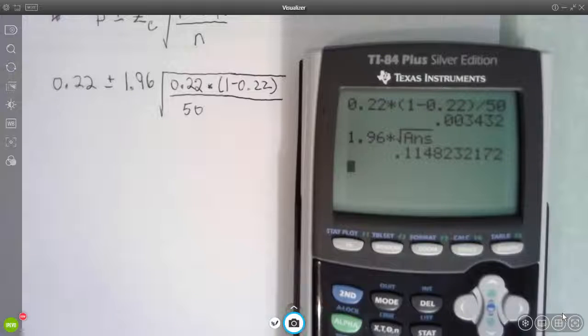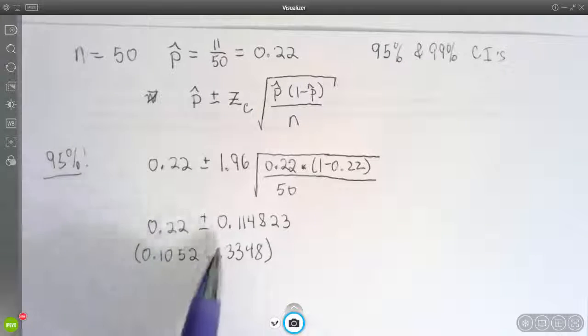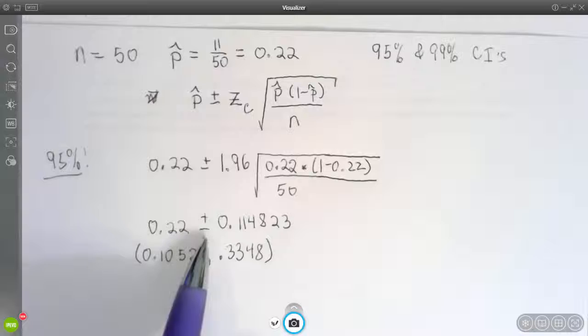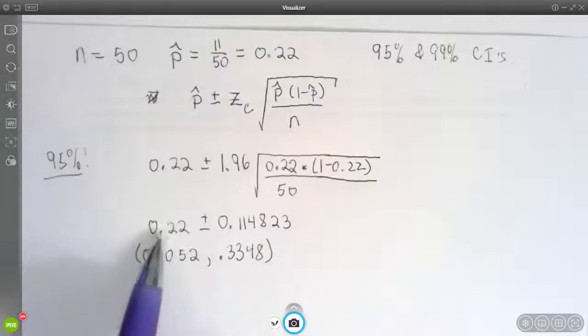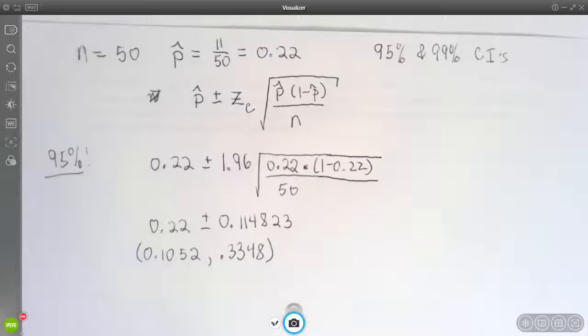Press enter there, and that gets me to the margin of error. Well, once we've computed the margin of error, all we need to do is add and subtract it from the point estimate. I've done that already, and there is the confidence interval. This, of course, is a 95% confidence interval for the proportion in the whole population of science students.